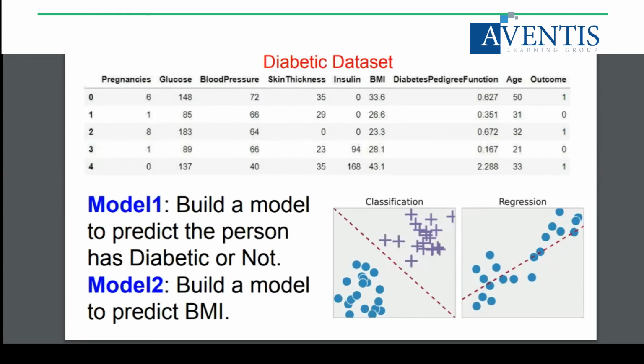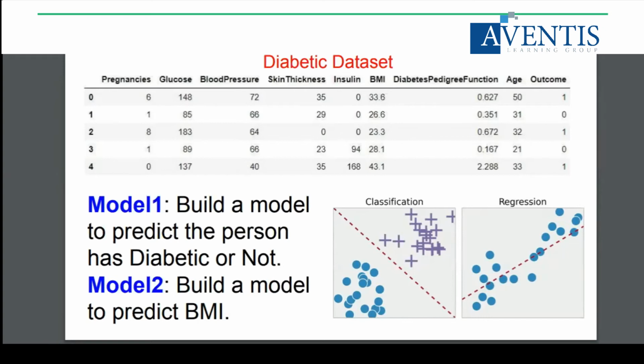So based on our question, what model we want to build, we need to check how many possible values there are. If it's continuous, meaning an infinite number of possibilities, any number, then it's a regression model we need to build.